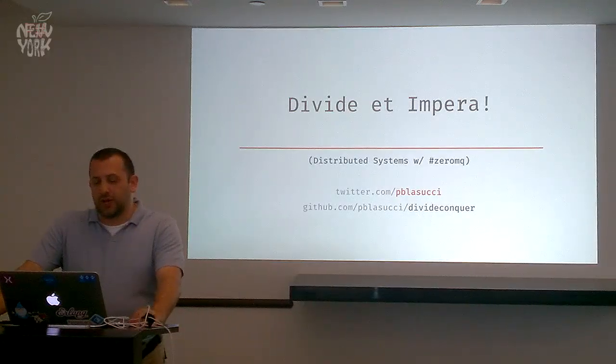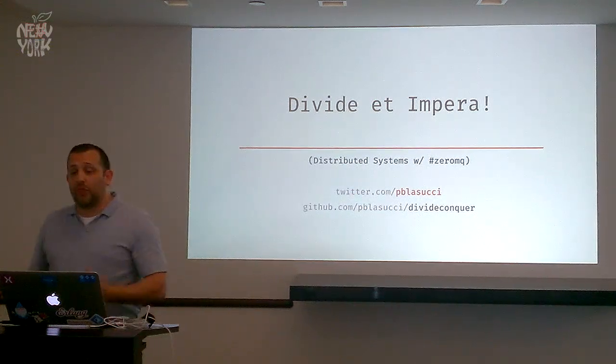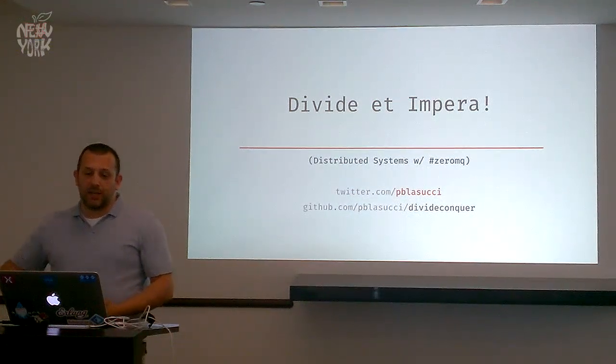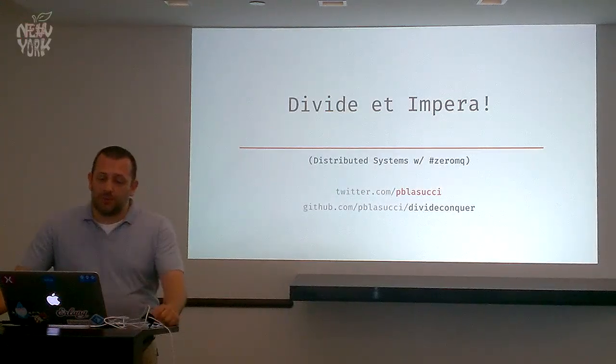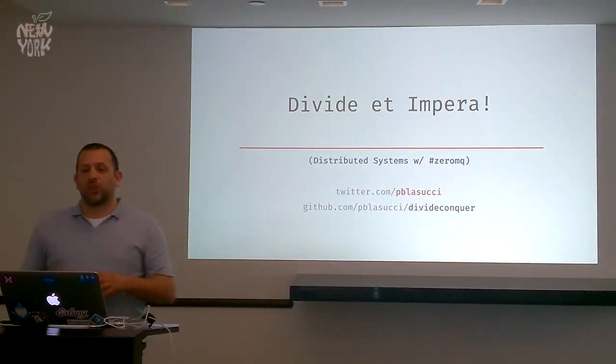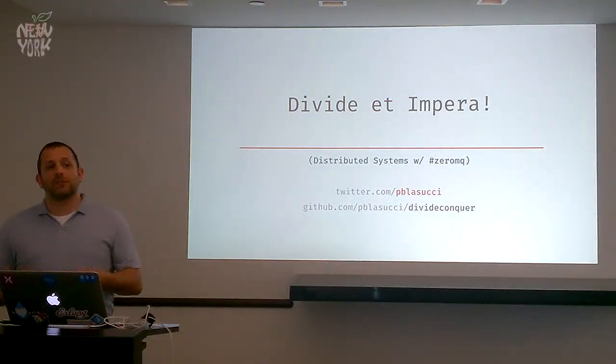We're mostly going to talk at a conceptual level about a lot of things. A little bit of background about myself: one of the many things I've done over the years is I maintain an F-sharp library for working with ZeroMQ, which is a distributed messaging library. But the concepts are really general. They apply regardless of language.